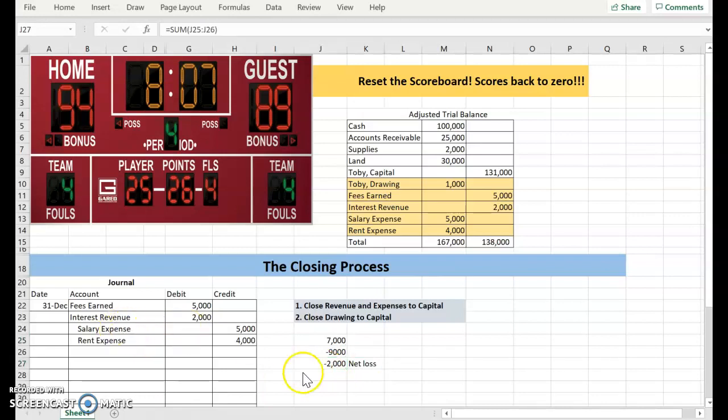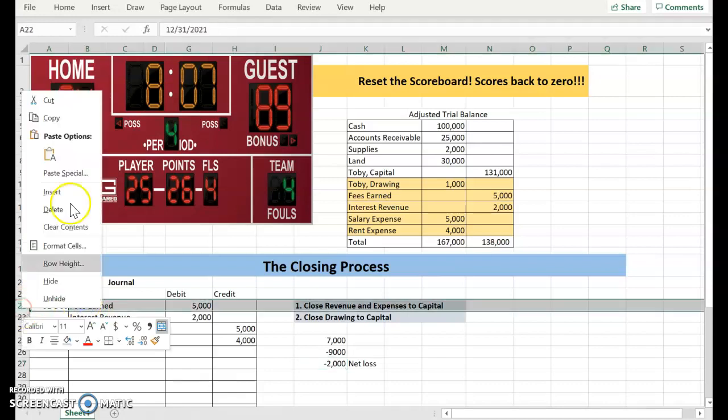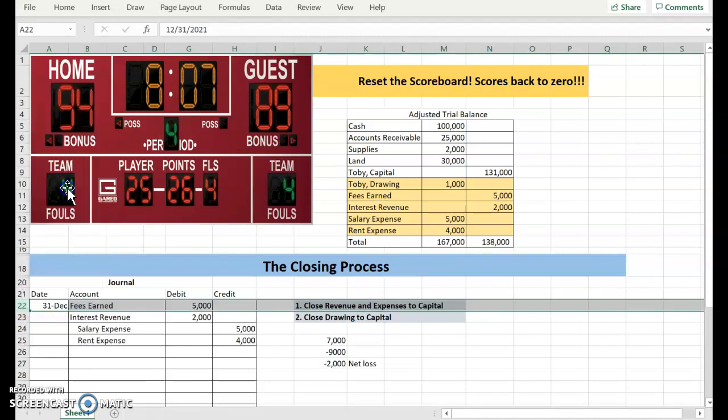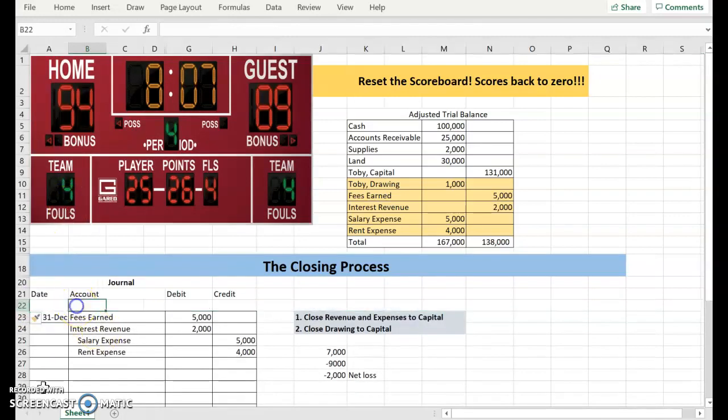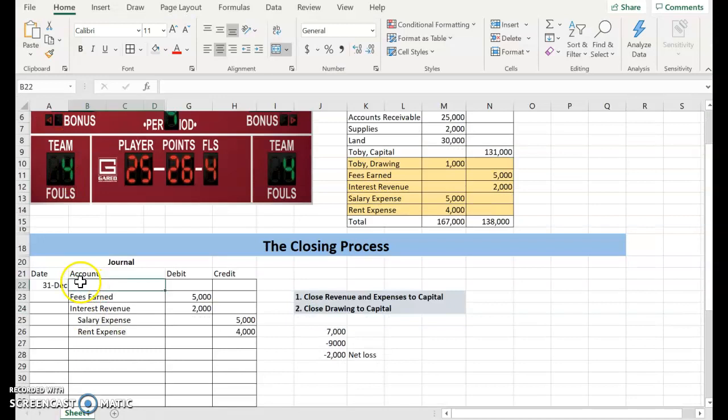So you know how we list our debits first and our credits second? I'm actually going to need a new line here because I'm going to need to debit capital. So let's put a new line here. So I need to debit capital for the $2,000.